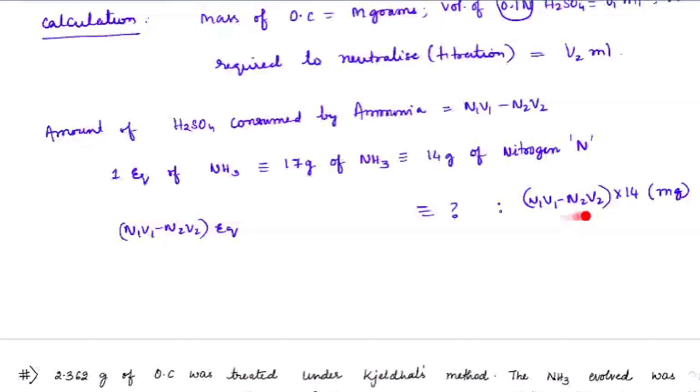So if I take percentage nitrogen present in organic compound, that would be equal to 14 times N1 V1 minus N2 V2, divided by 1000 into the mass of this organic compound, multiplied by 100.